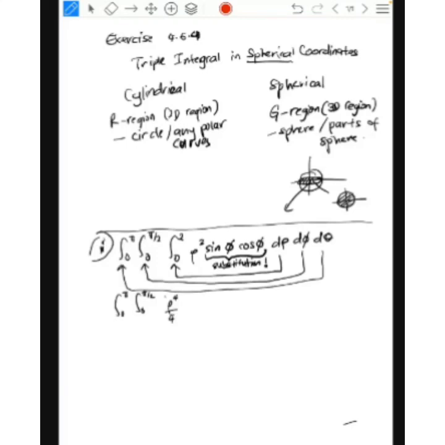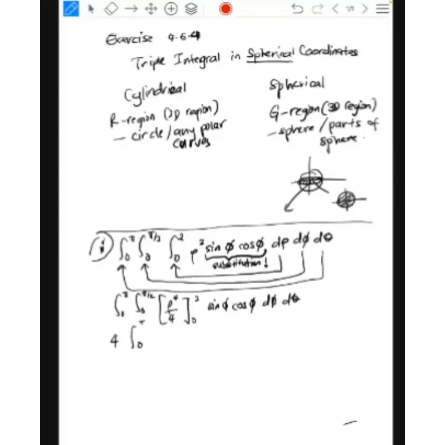The others are all still the same: the sine phi is still there, the cos phi is still there, rho is already solved, and what's left is d phi, d theta. Then we are going to solve for phi, which has sine and cos together. That one will be 4, because 4 comes out.